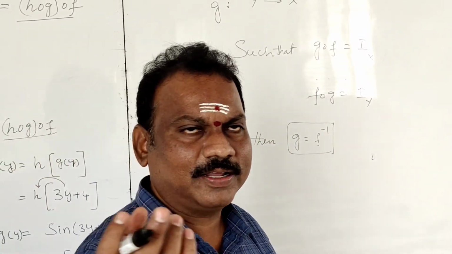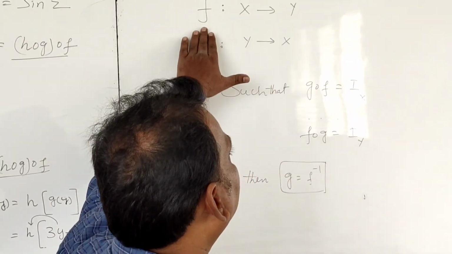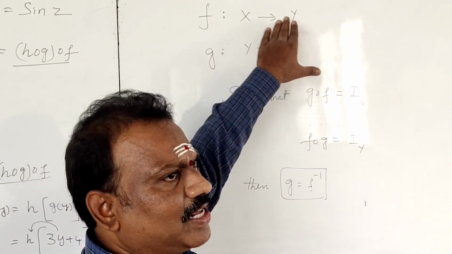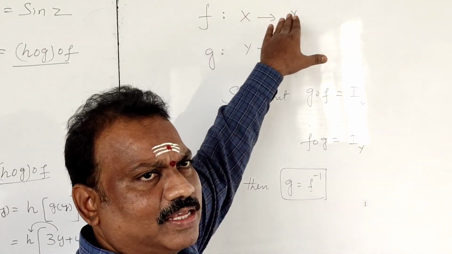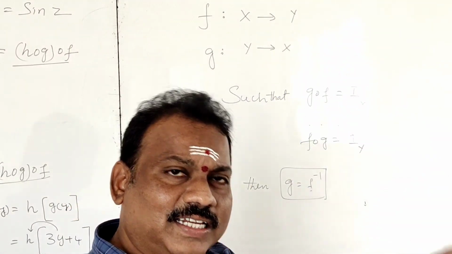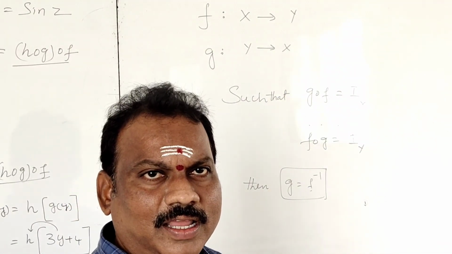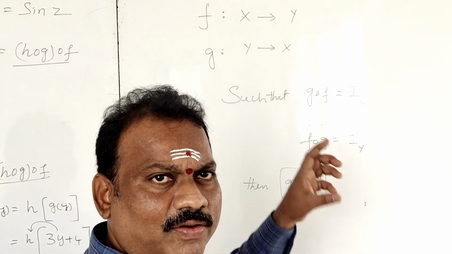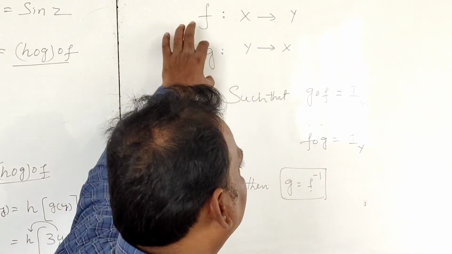Once again I will repeat it. Let f be a function mapping from X to Y. What is X? X is the domain, Y is the codomain. There exists another function, we will give it the name g.